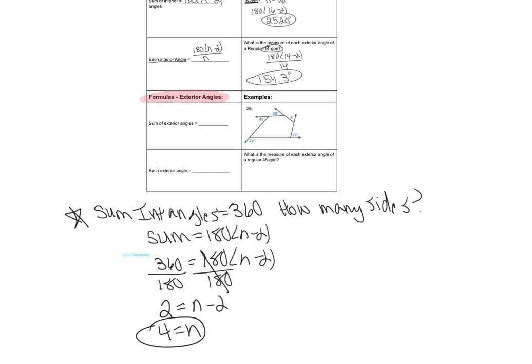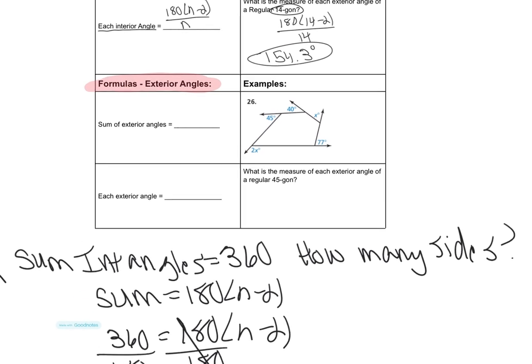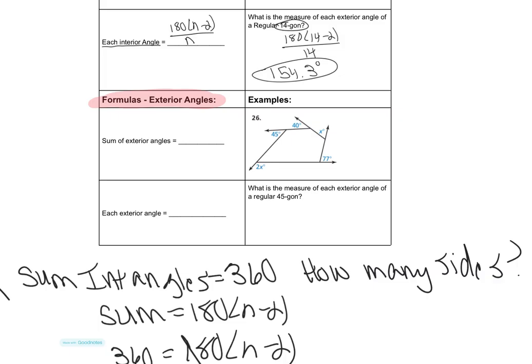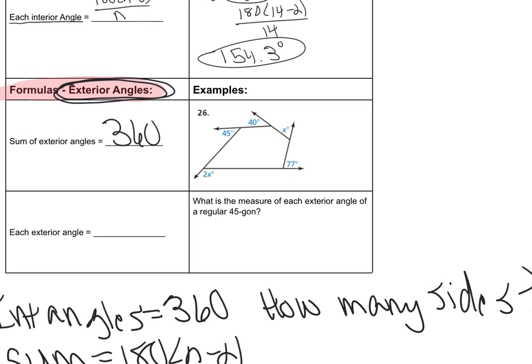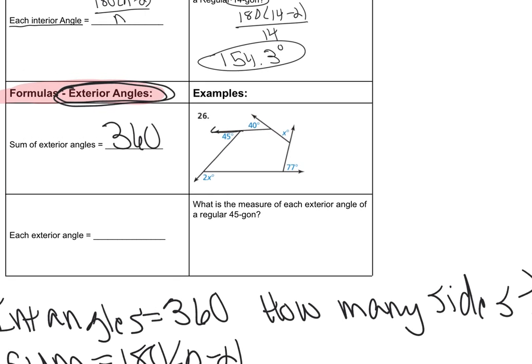Okay, then let's go back into our chart here. If we know we're talking about exterior angles, the sum of the exterior angles is always 360 degrees. It does not matter how many sides it has, and we know these are exterior angles because they are coming off the outside. They kind of look like weird arrows coming off the outside of our polygon.